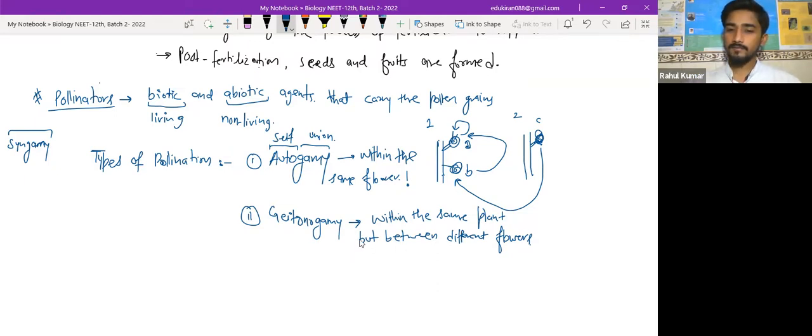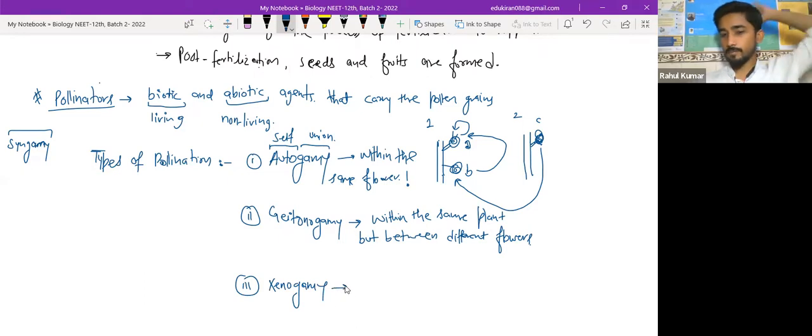So you can write here: pollen grains from the anther of one flower to the stigma of another flower on the same plant. Third type is xenogamy. The word xeno means different.